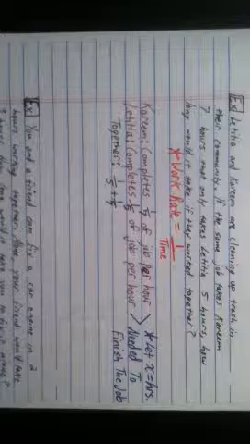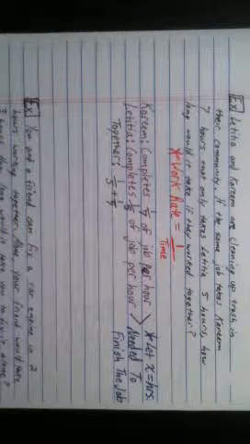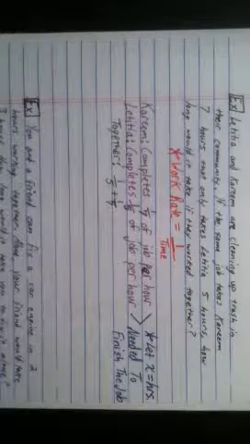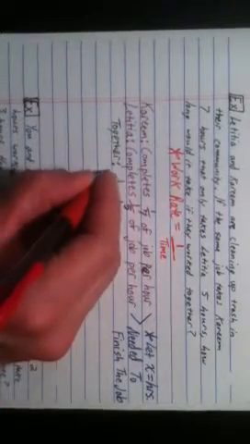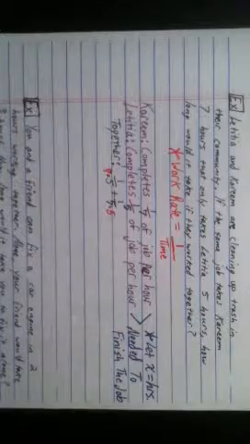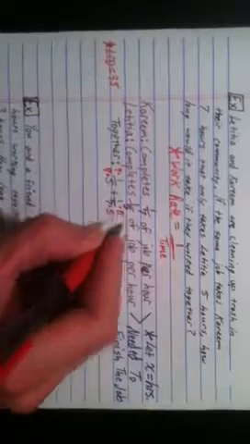But we need to convert these fractions so they have a common denominator in order to add them together. Okay, so we'd have to multiply 7 times 5 to get 35, and 5 times 7 to get 35. Okay, that would be our LCD.